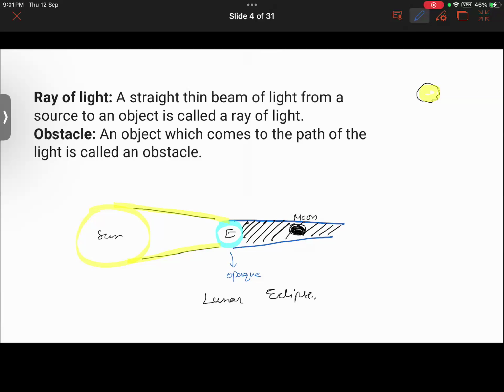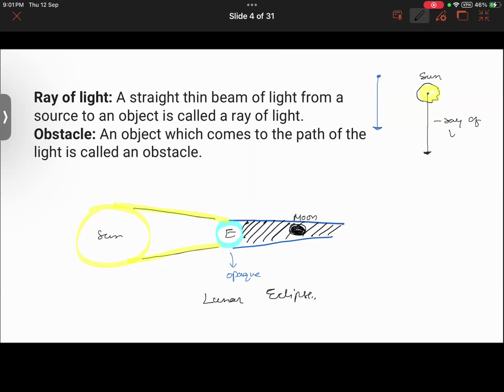What we know is that a ray has an origin point from where it originates, but it doesn't have any end point. It will keep on going in one direction. Say that this is the sun. The sun is the originating point of this ray of light. So that is what a ray of light is.